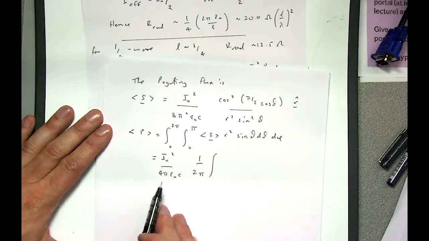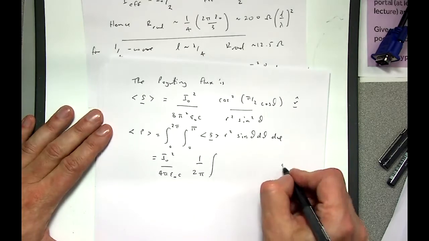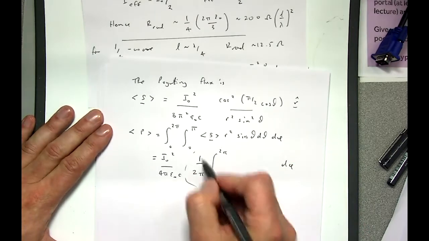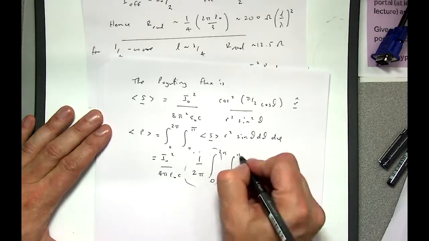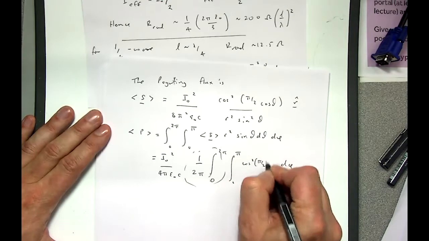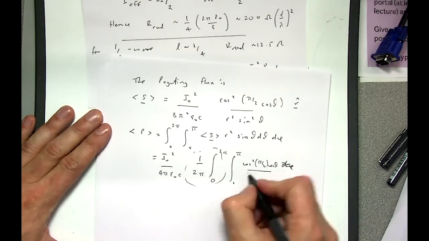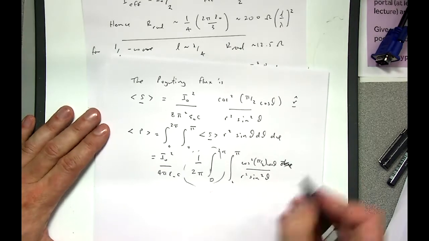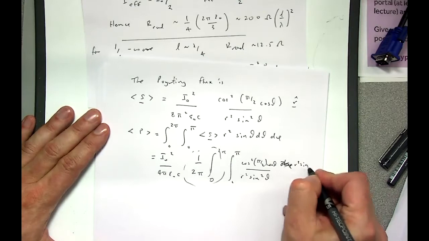This 1 over 2 pi I've extracted from here, so that when I integrate over d phi, this bit here will disappear, and I'm left with an integral from 0 to pi of cos squared of pi by 2 cos theta over r squared sine squared theta, but I have this r squared sine squared theta up here, which is my area element.